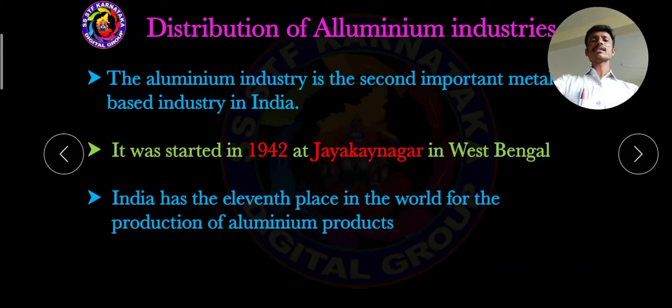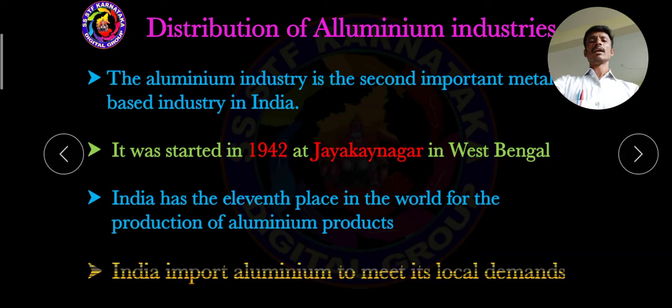India has the 11th place in the world for the production of aluminium products. And India imports aluminium to meet its local demands, meaning our use of aluminium in motor vehicles, home appliances, transport, ports, railways and so on. To solve these local demands, India imports aluminium. So why does India import aluminium? To meet its local demands.